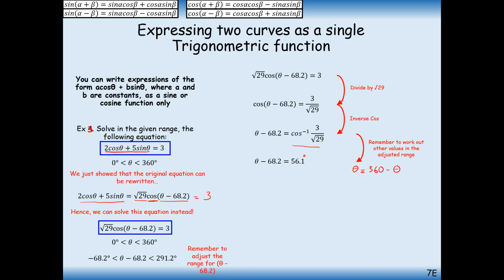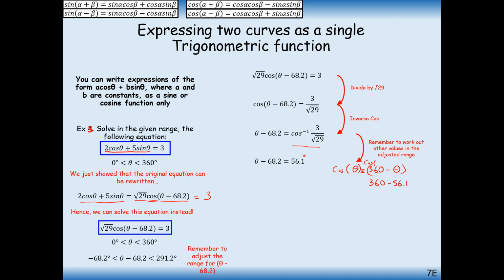Whenever you use cos, the cos of this angle is equal to the cos of this angle. You get my point: the other alternative angle is 360 minus 56.1.